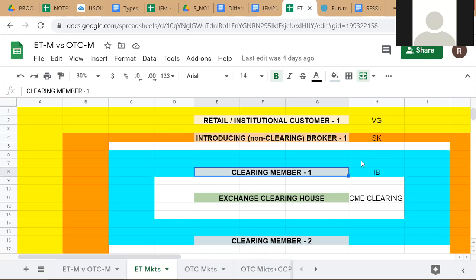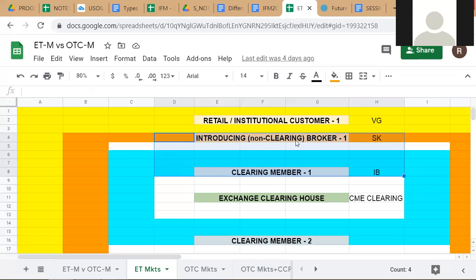So the point is that sometimes in the case of big brokerage firms, they may be big enough to, like Interactive Brokers or HDFC Securities, they may be big enough to cover both these functions within the same organization. So they have a clearing member license or sort of a clearing member status with the clearing house. At the same time, they're so big that they have armies of brokers reaching out to clients.